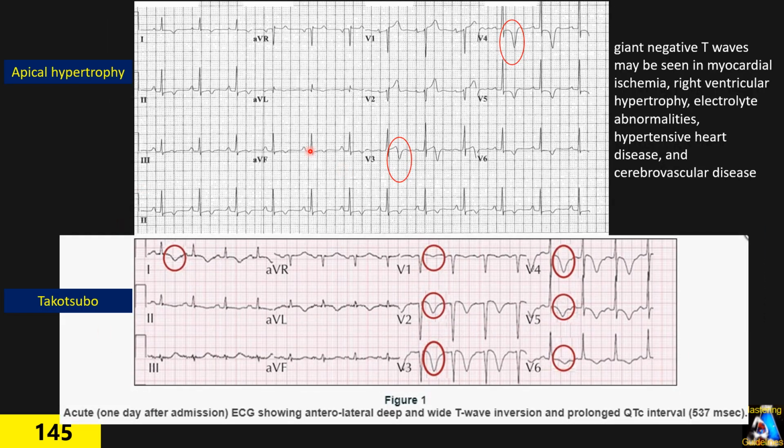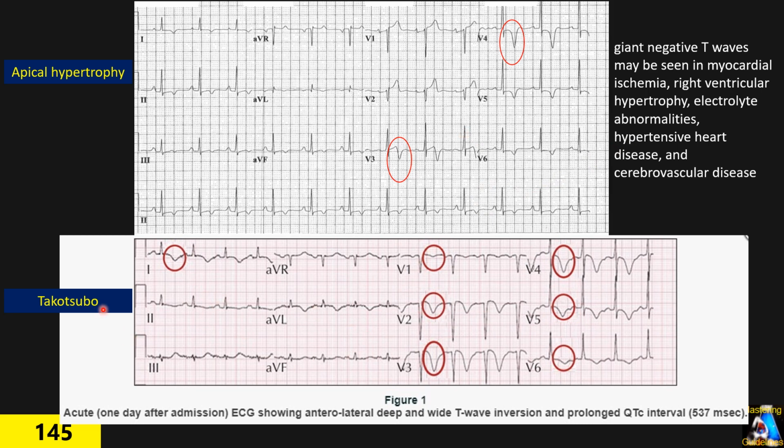Even though negative giant T wave or inverted T wave, which we especially can see in precordial leads, is a hallmark of apical hypertrophic cardiomyopathy, it is not specific for that. It can be seen in other situations, including non-ischemic ones.